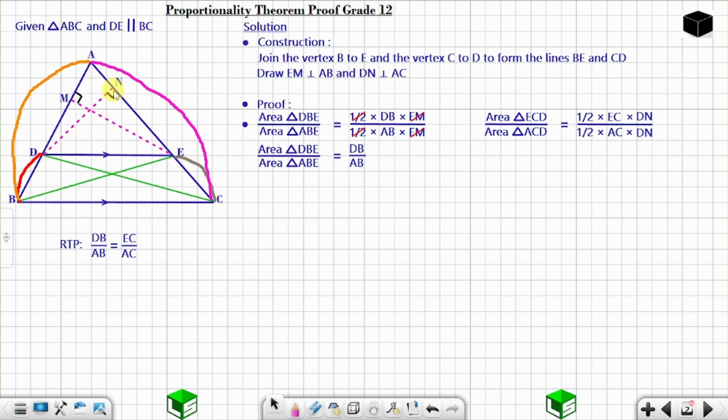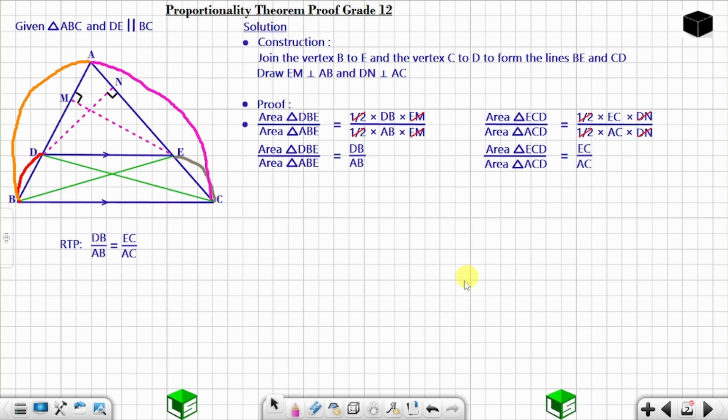The height is always perpendicular to the base. So you cancel a half and a half, and DN and DN. Now you are going to have this.